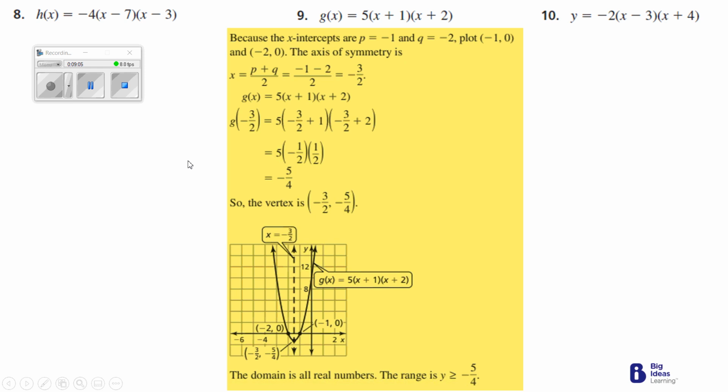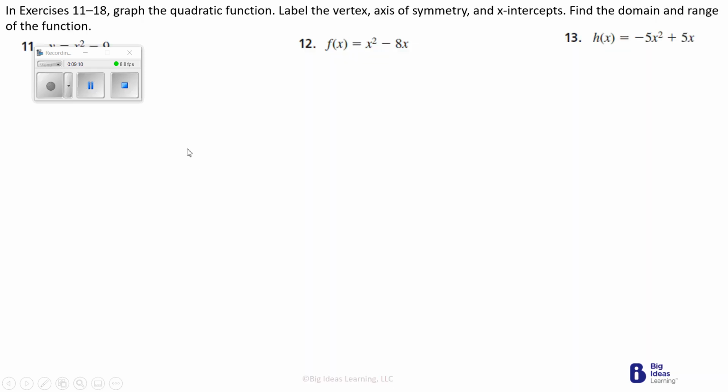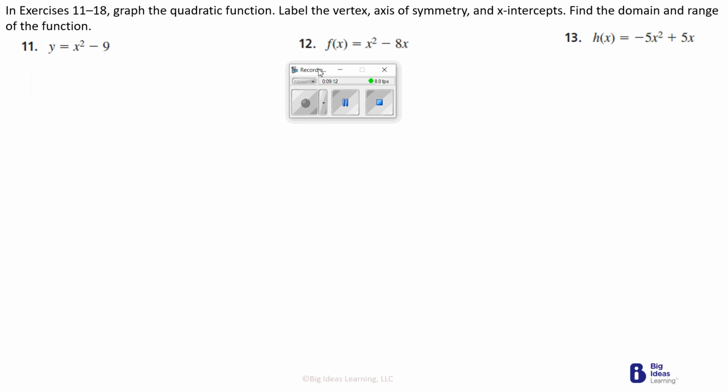All right. Let's go ahead and get to number 11. For number 11, we have to work this out. We see that we have a negative number and a number that I can get the square root of, right?